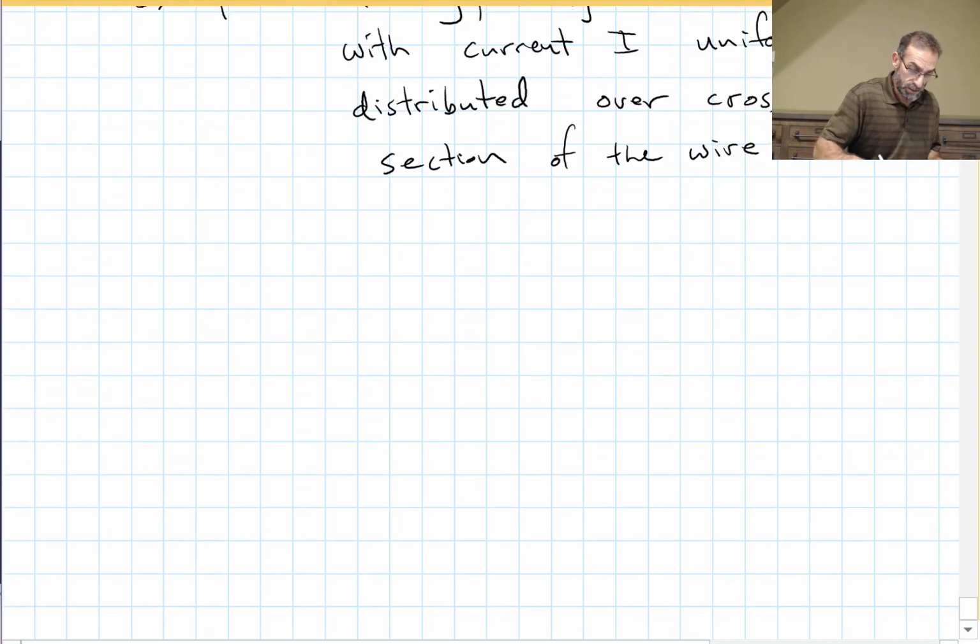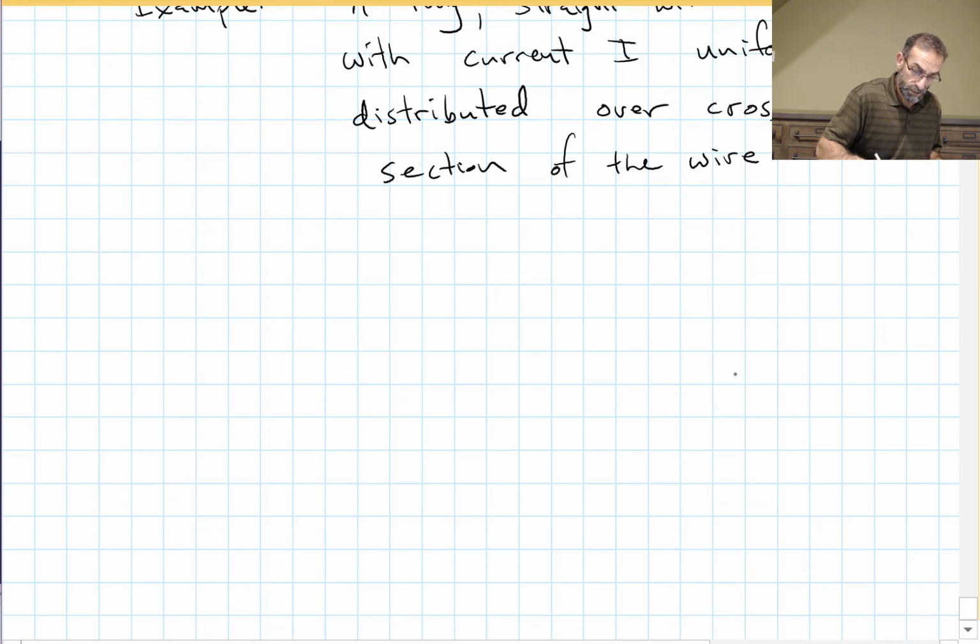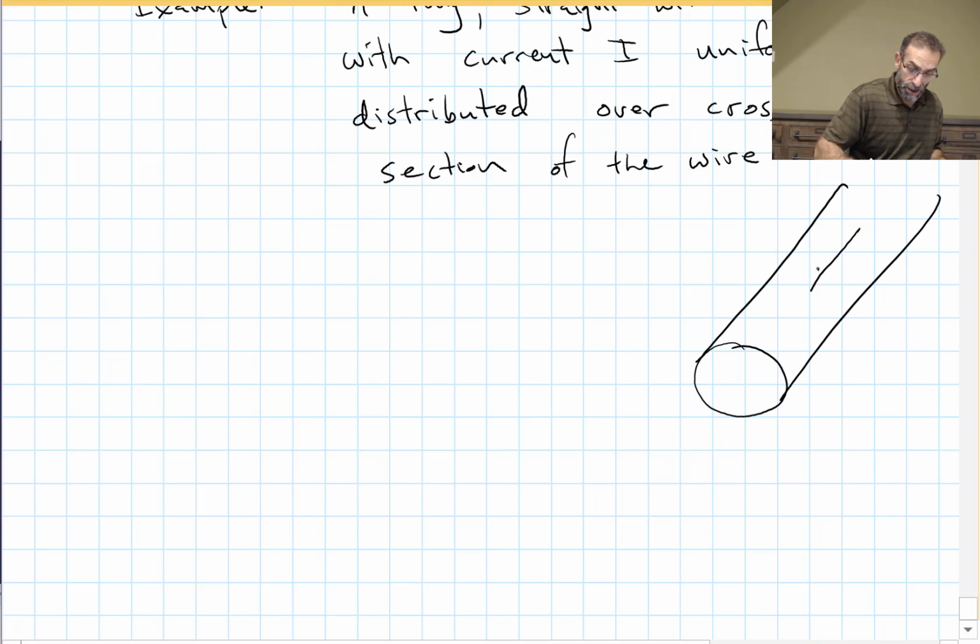So let me draw it for you. The wire has some dimension now, right? Some thickness to it, a diameter. It's carrying a current I. And if we look at the cross section, the current is coming toward us.